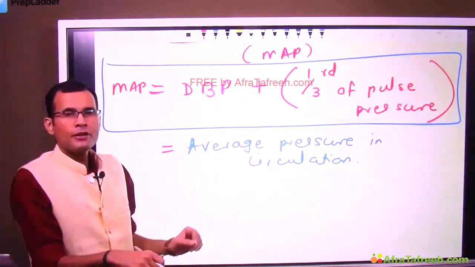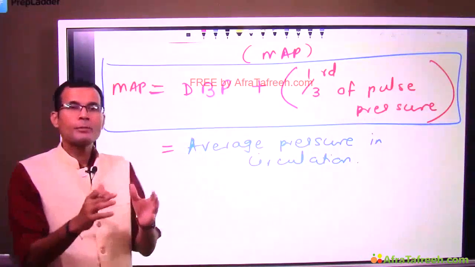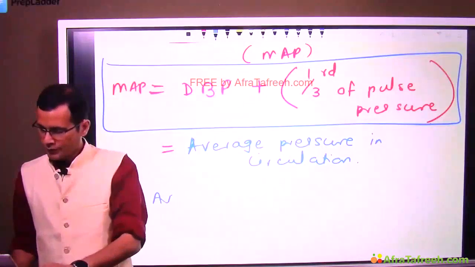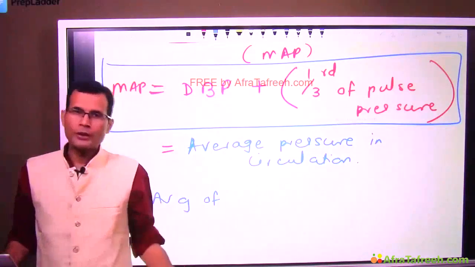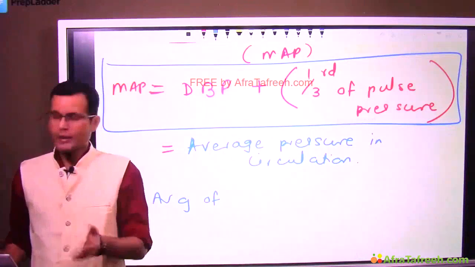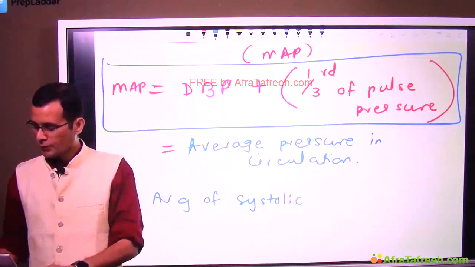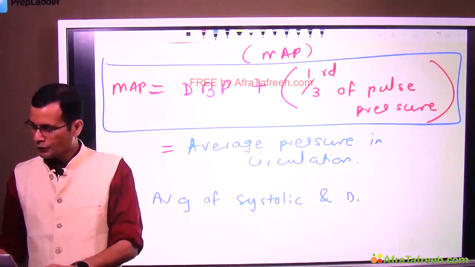Look, average pressure in the circulation will be the average of systolic and diastolic pressures. There are only two pressures in the circulation, systolic and diastolic, so the average pressure will be the average of the two.